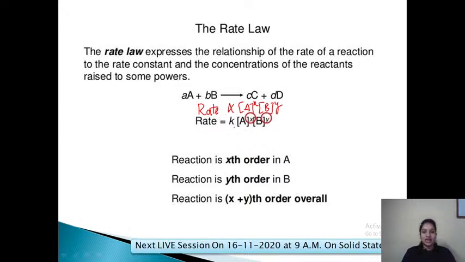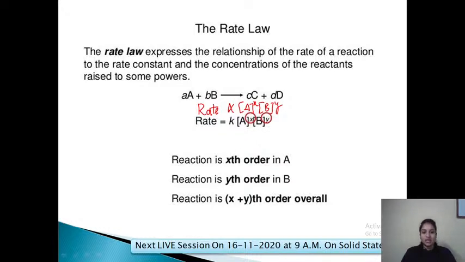So this is how we write a rate equation. Rate is equal to k into concentration of the reactant raised to certain power. Here we have taken x and y. This x and y may be equal to this small a and b, or they may not be equal to small a and b.